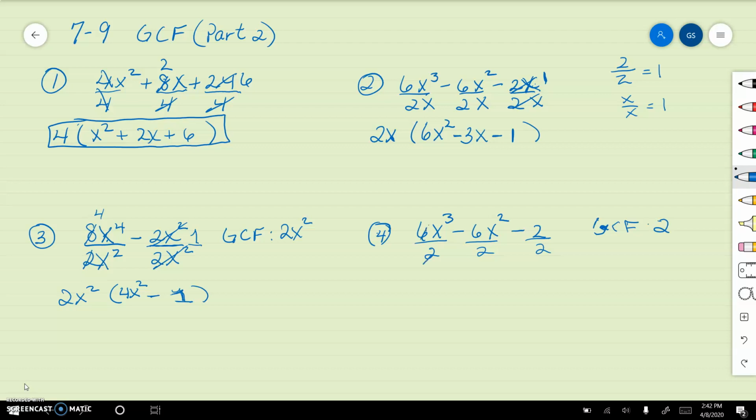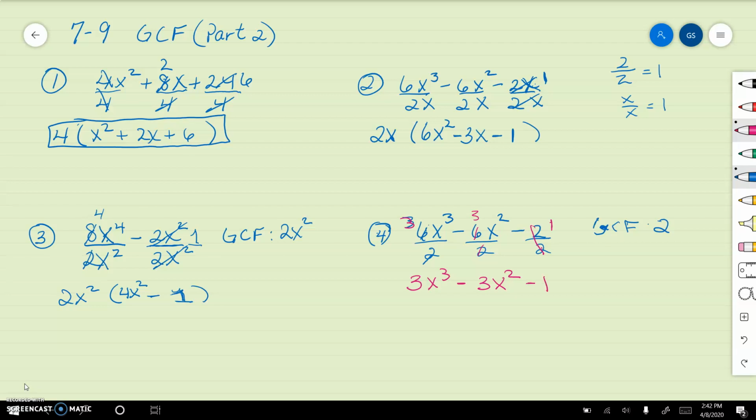Okay, here we go. 6 divided by 2 is 3. I should change the color here. That's going to be a 3. The 6 divided by 2 here is also going to be a 3. And 2 divided by 2 is 1. So what we have left here is 3x to the third minus 3x squared minus 1.